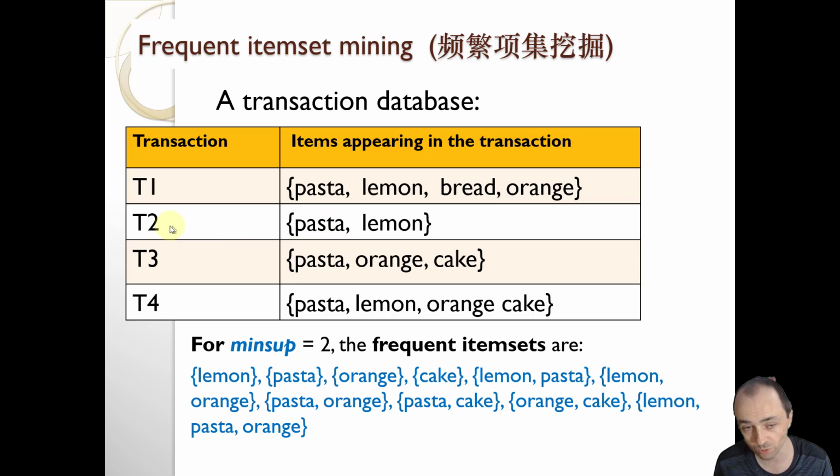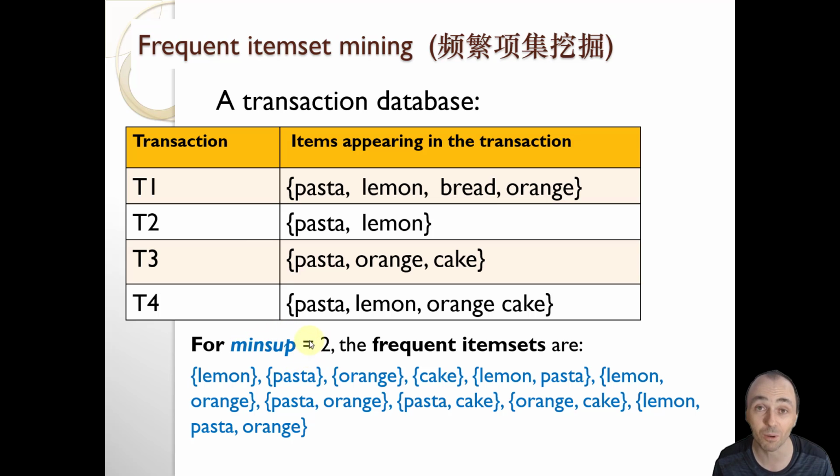Another transaction, transaction 2, is pasta and lemon together. Transaction 3 is pasta, orange, and cake together. Transaction 4 is pasta, lemon, orange, cake together, and so on. So now, if we have data in this format, some record of transactions with some items, like products, where each transaction is a set of items, then we can set a parameter we call the minimum support.